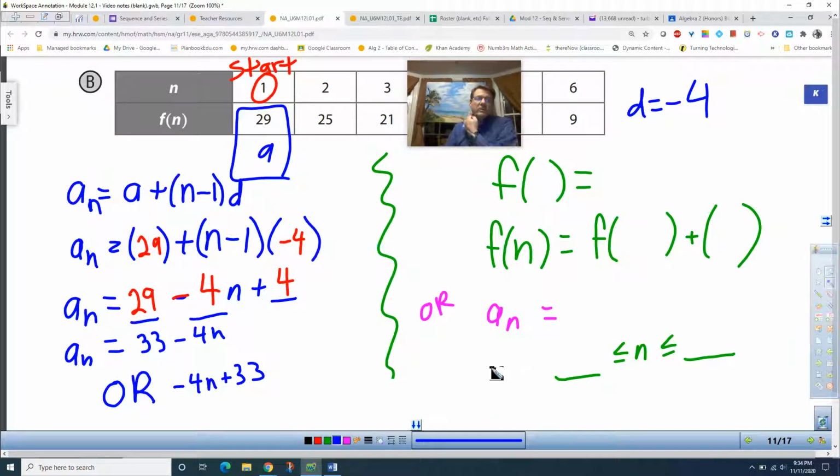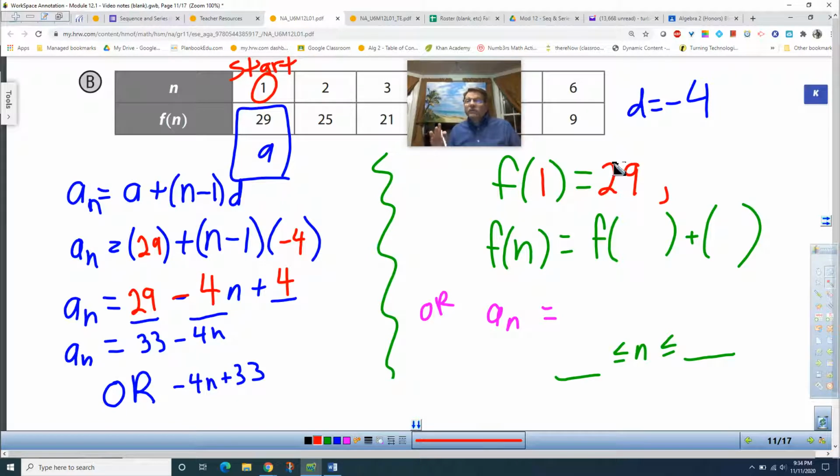So now let's try recursive. Now where are we getting this thing started again? Starting at 1. So f of 1 equals 29. You got to give them the starting line. Because without the starting line, recursive is useless. If you tell me, hey, what's the third term, but you don't tell me the second term, I can't tell you. You can tell me we're just doing d equals negative 4.